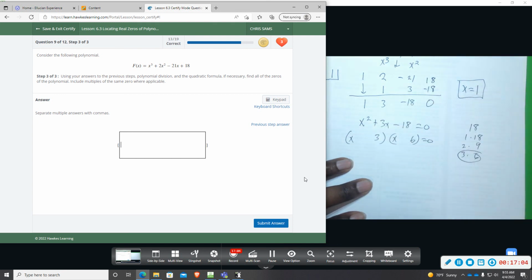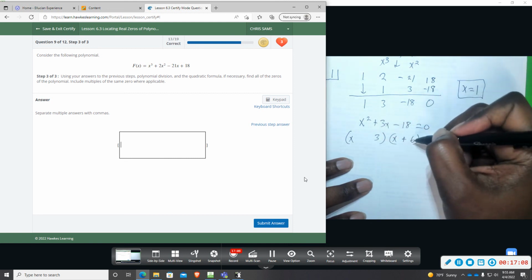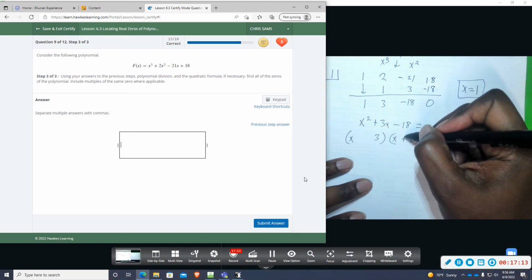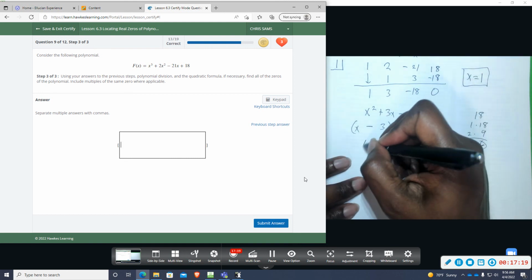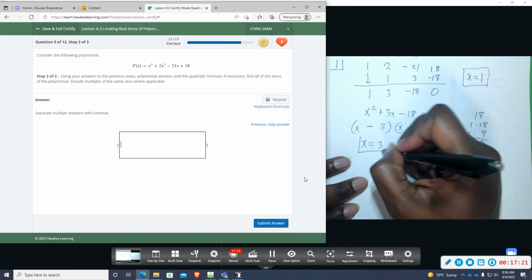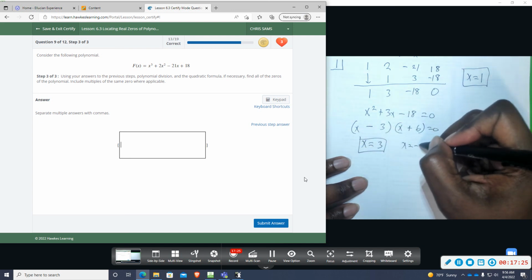Those are the numbers we use. First sign is my bigger sign, so the bigger number, 6, gets the positive. And the second sign is negative, which tells me they're different. And then when you set each of these equal to 0, we get x equals 3. And then set this one equal to 0, you get x equals negative 6.